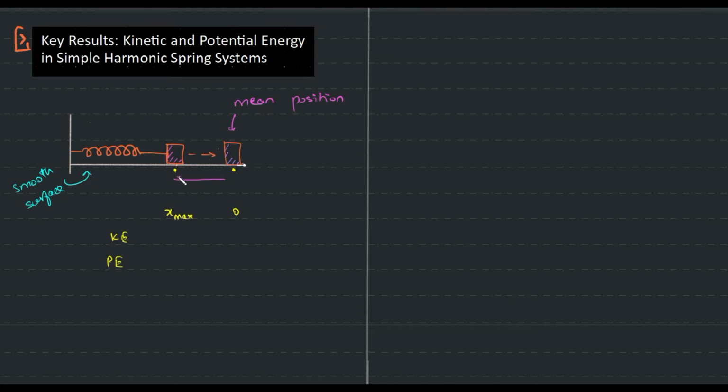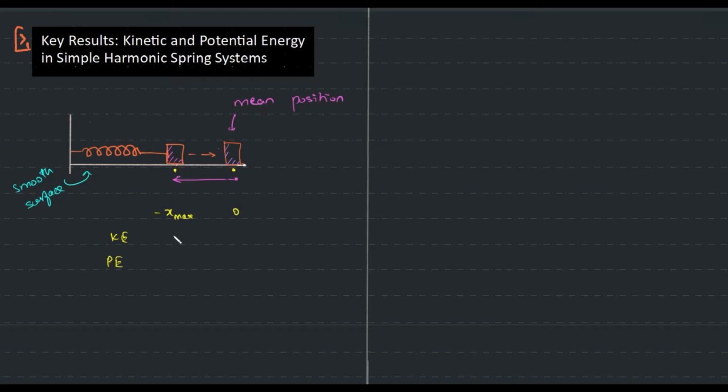And here I have a displacement of minus, actually it's a negative. Now my question to you is, what is the kinetic energy at this point, at the maximum extreme scenario, and the potential energy at this point?